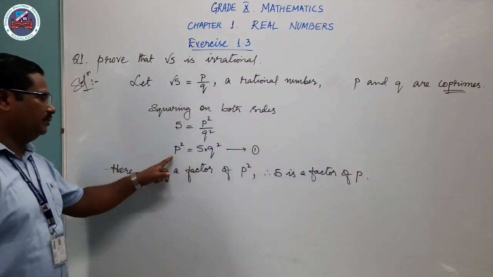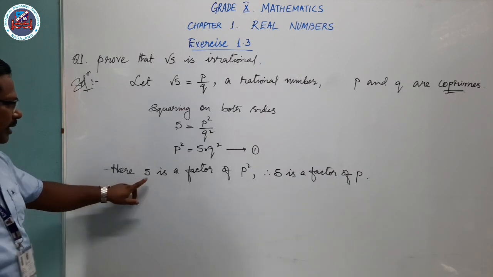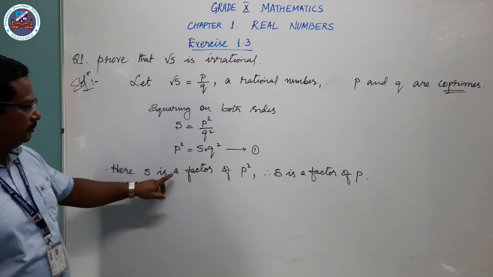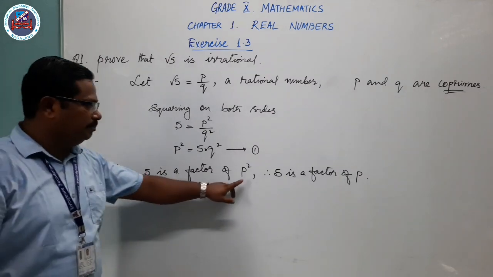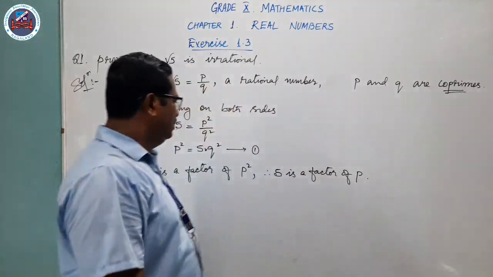Or you can write it as, 5 divides p square, therefore 5 divides p. That way also you can write it down.